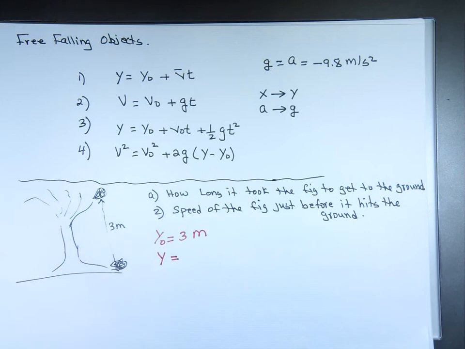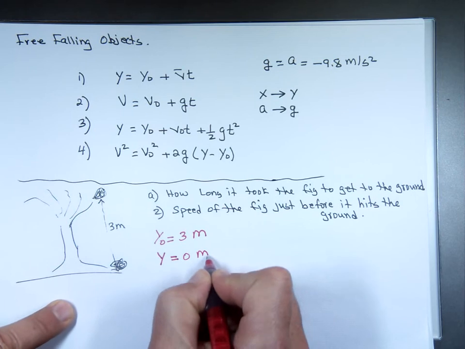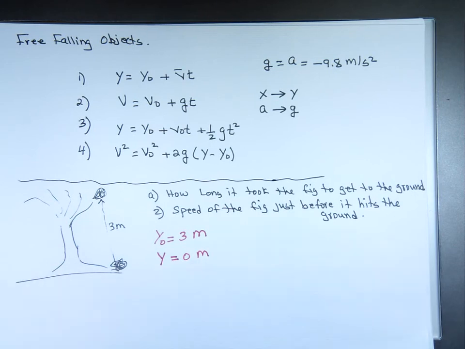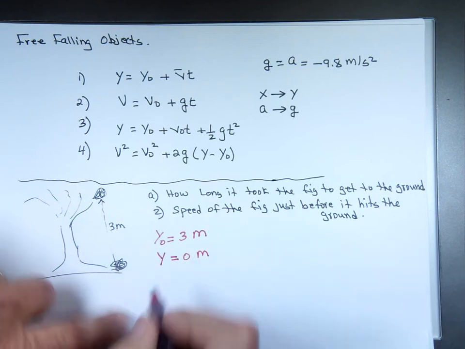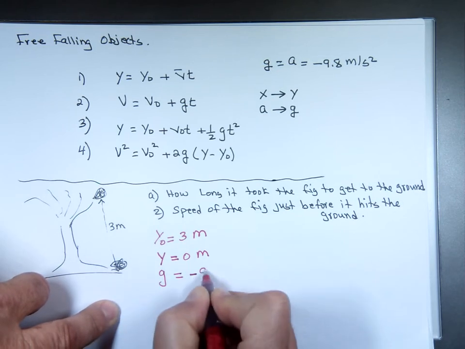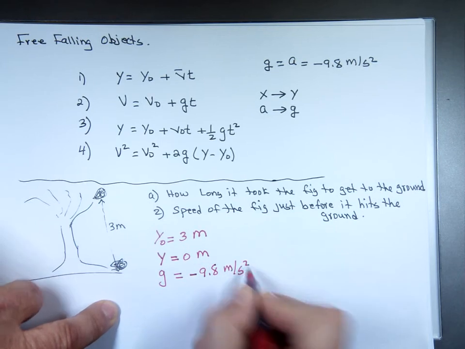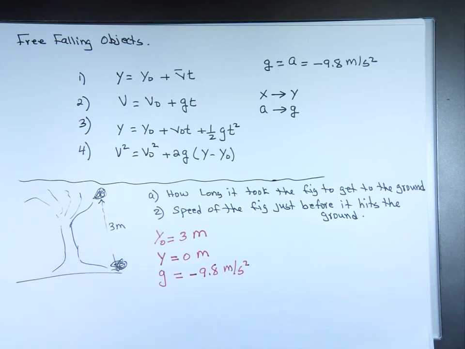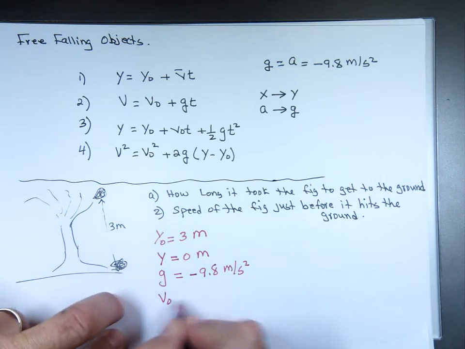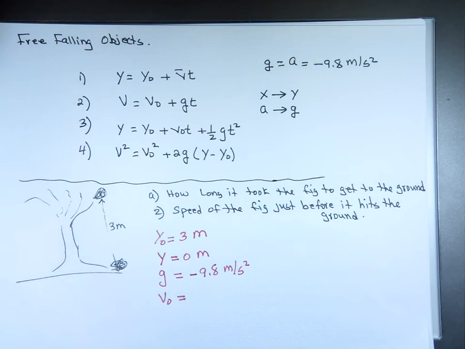How high was it above the ground when it touches the ground? 0. I also know gravity, which is what? Negative 9.8. What else do I know? I know the initial velocity. This was on the tree. How fast was it moving? 0.